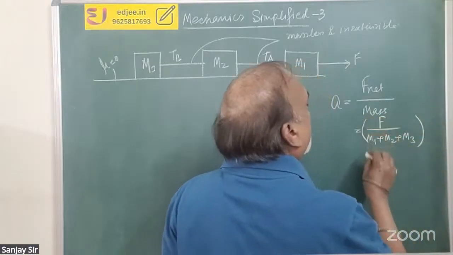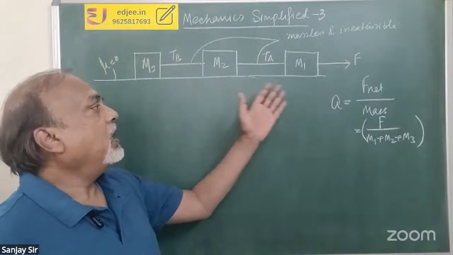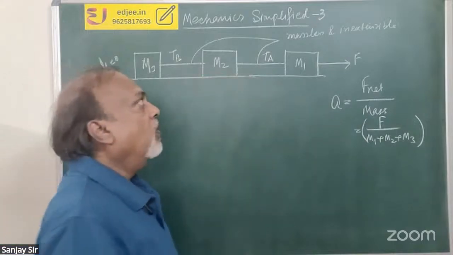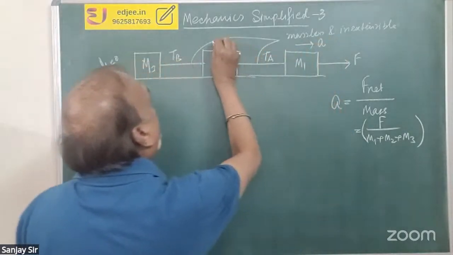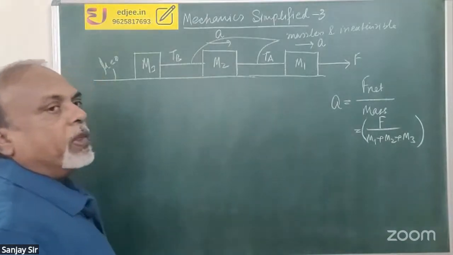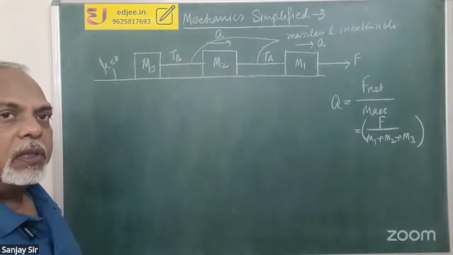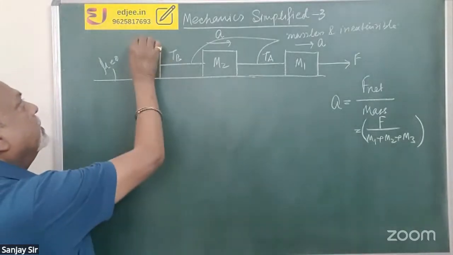This is the acceleration with which all these three blocks will move. Why? Because our string is inextensible. Correct?